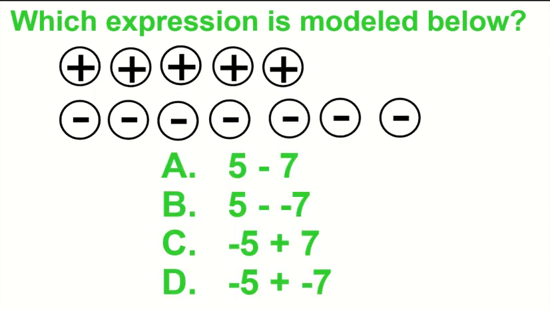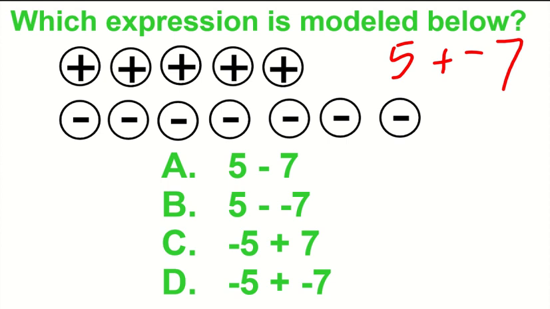So here's where it gets a little bit different. I'll do this one. We've got 5 positives, 7 negatives, and I said it's an addition problem. 5 plus -7. That is not one of the answer choices, is it? So what you have to do on a lot of these is same change, change with subtraction.